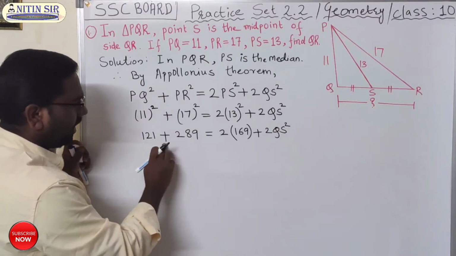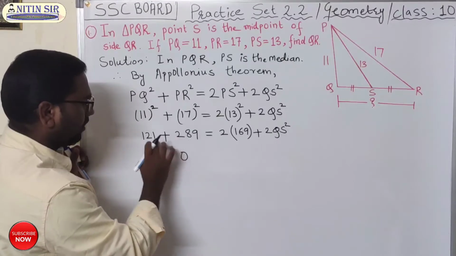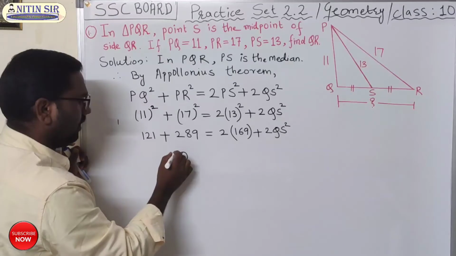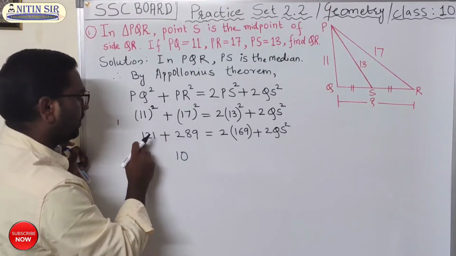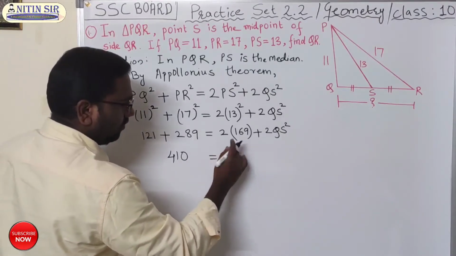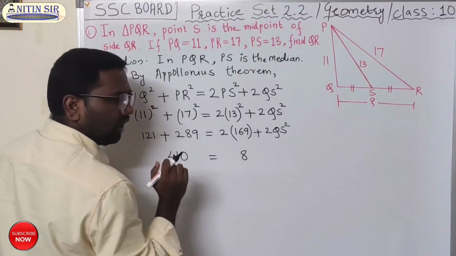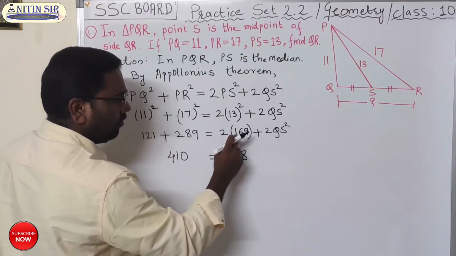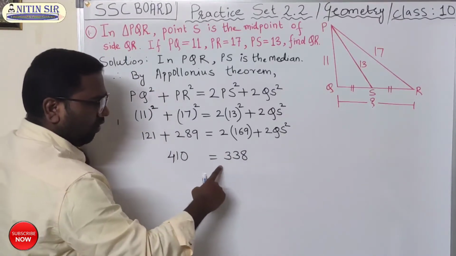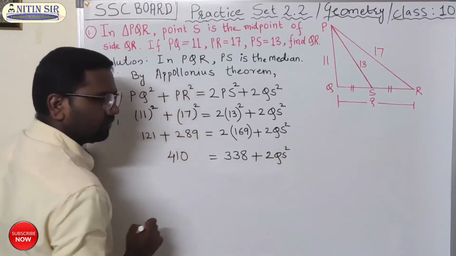Now 121 plus 289 is 410. So 410 is equal to, now we will multiply this, 2 times 169 is 338, plus 2QS square.